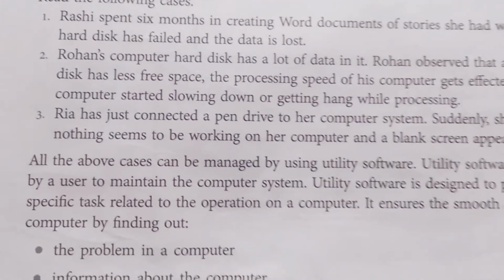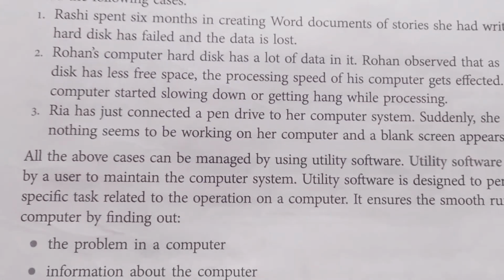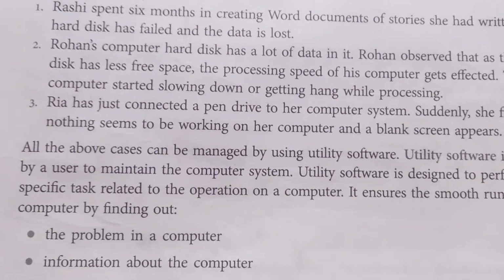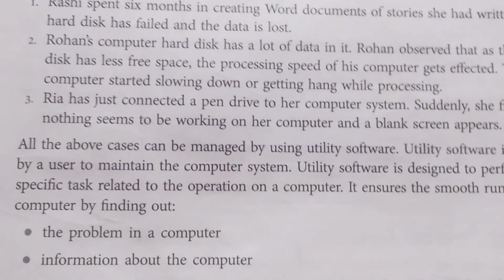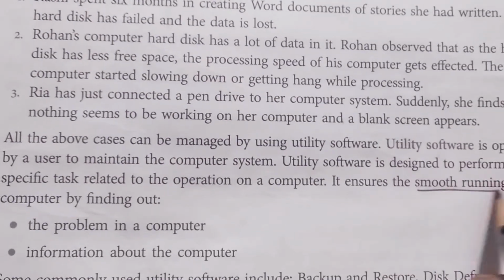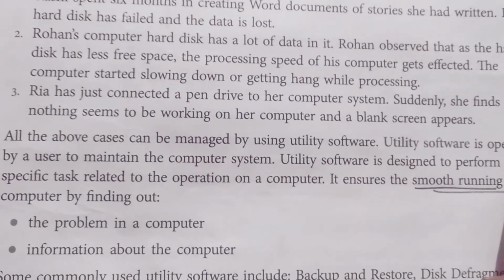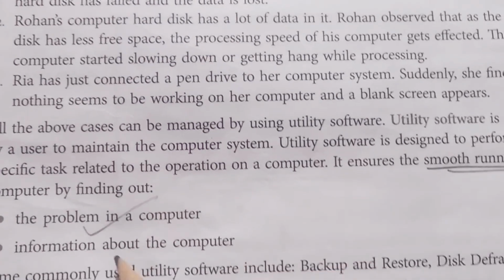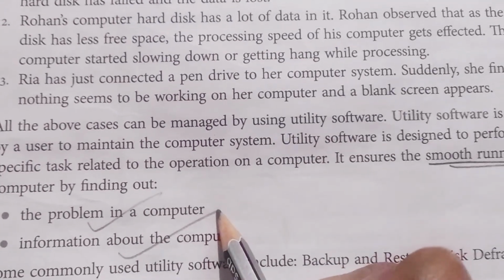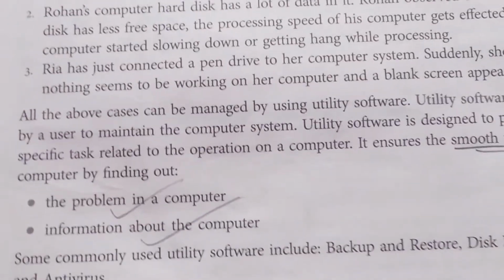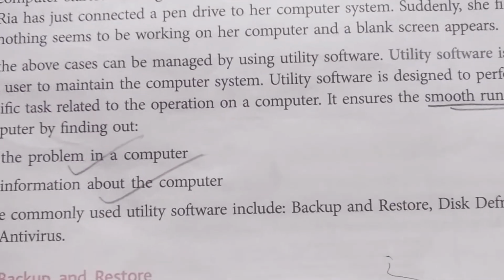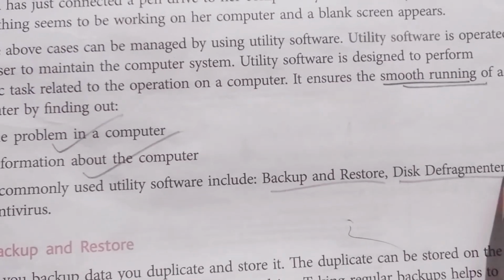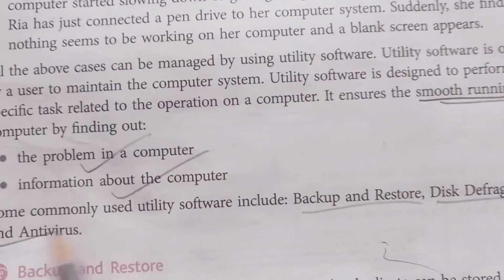To maintain the computer system, utility software is designed to perform specific tasks related to operations on a computer. It ensures the smooth running of a computer by finding out the problem in a computer and information about the computer. Understood, children? So commonly used utility softwares are backup and restore, defragmenter and antivirus.